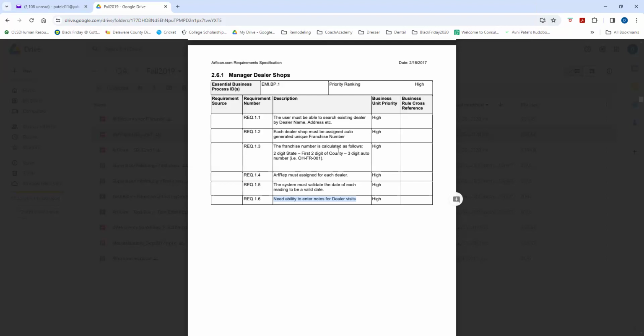We talked about who should have access to what functionality. It's already kind of shown in two different places. Is it consistent? That's where consistency comes in. Are they telling you the system should behave consistently, or are they telling you one thing in one place and another thing in another place?